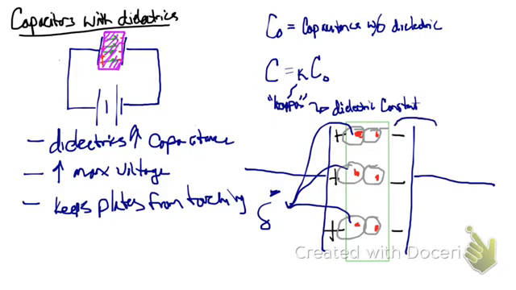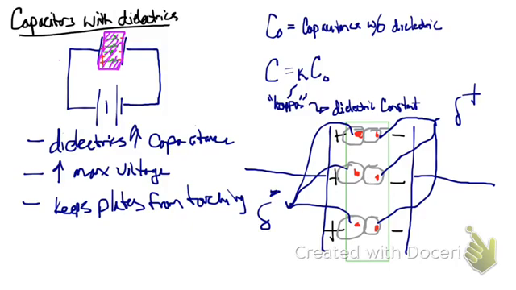And on this side over here, okay, these are all going to have a delta positive charge, which is attracted to the negative end of the capacitor. Okay, and so that's how this dielectric works.